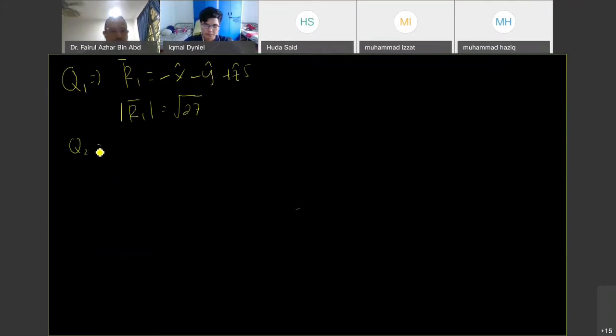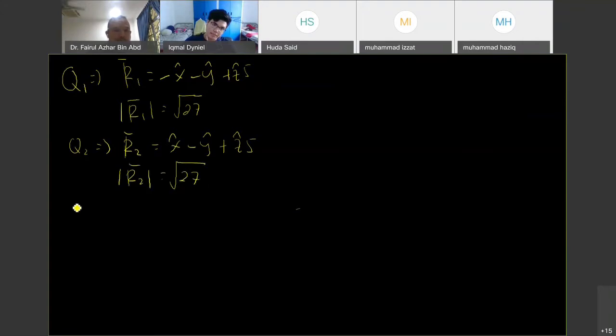For Q2, the vector R2 is equal to x cap minus y cap plus 5 z cap, and the amplitude is the square root of 27.